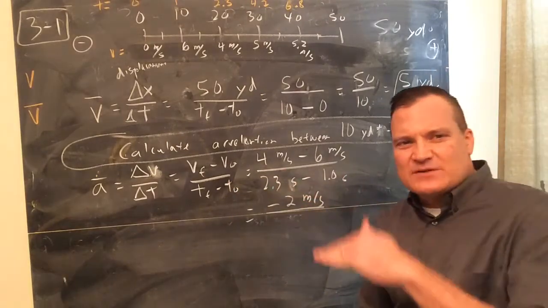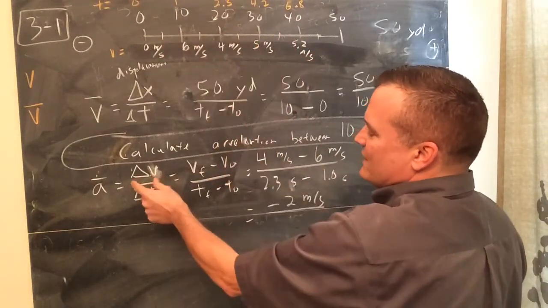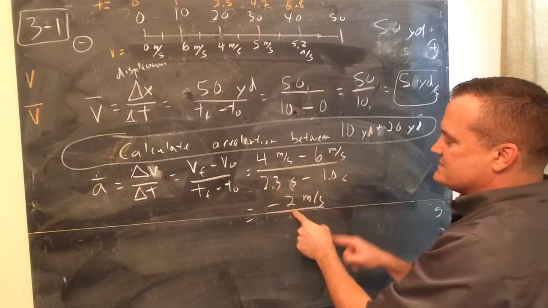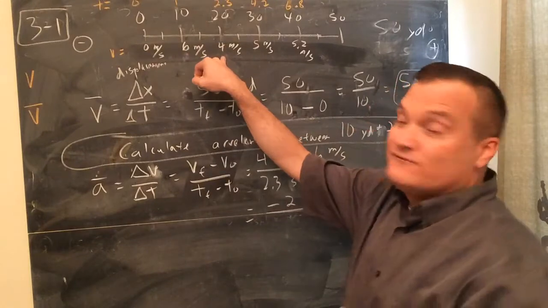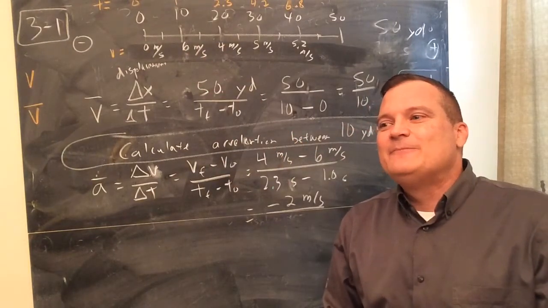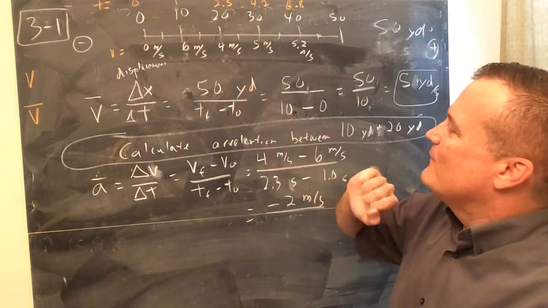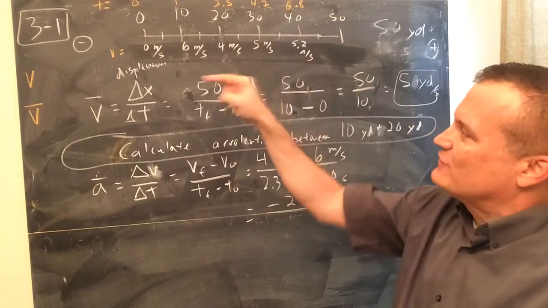On some of the problems on the worksheet, it's going to say calculate the change in velocity between 10 and 30. Well, if you do that, the change in velocity would just be the top part, 4 minus 6, and it's negative 2. And it makes sense. At 10, you're going 6, but at 20, you're going 4, so you had a decrease. And another thing interesting is, your change in velocity was actually negative, like towards the other direction.